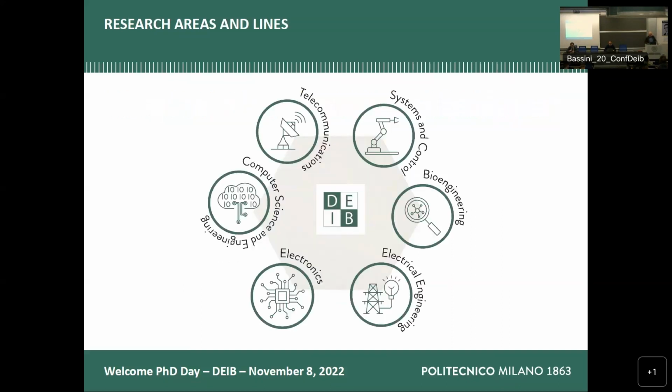We are organized in 6 main research areas that are listed in this slide, specifically systems and controls, bioengineering, electrical engineering, electronics, computer science and engineering, and last but not least, telecommunications. Each of you is in one of these specific areas.